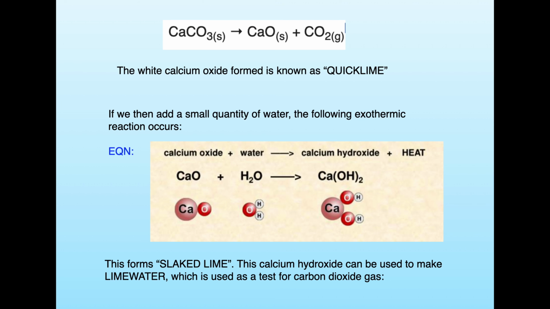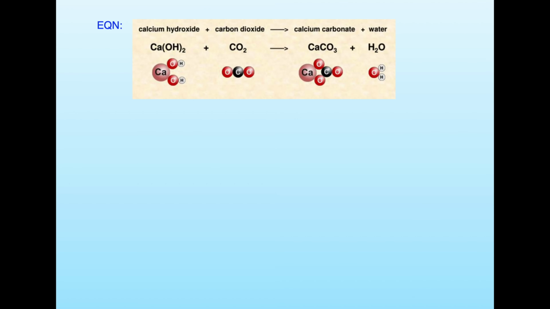It's very slightly soluble in water, so we use it to make lime water, which you've heard of. Lime water is used to test for carbon dioxide gas. What's the reaction between lime water and carbon dioxide gas? Have a go. There you go. Calcium hydroxide, lime water, reacts with carbon dioxide to give calcium carbonate.